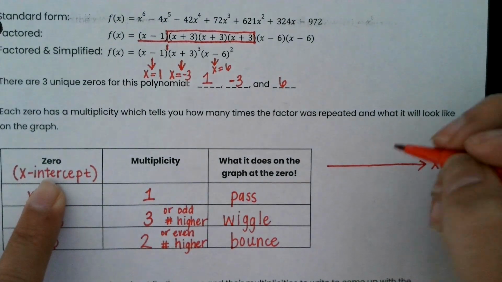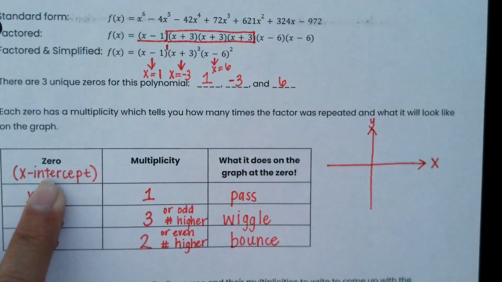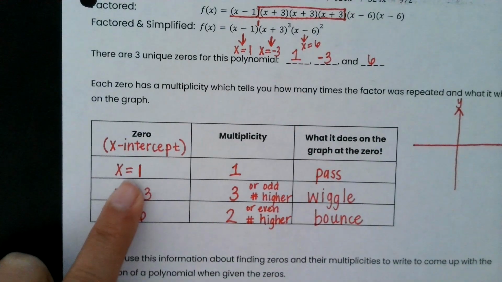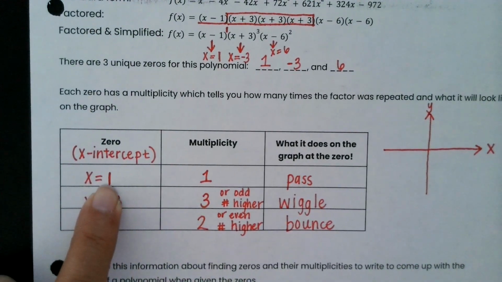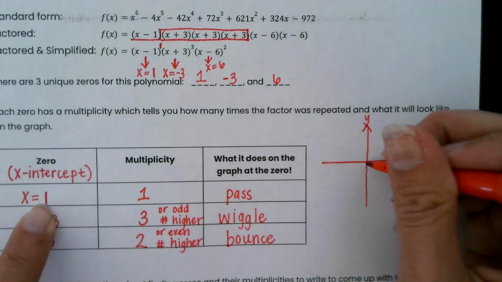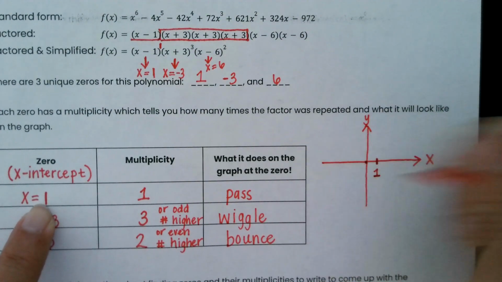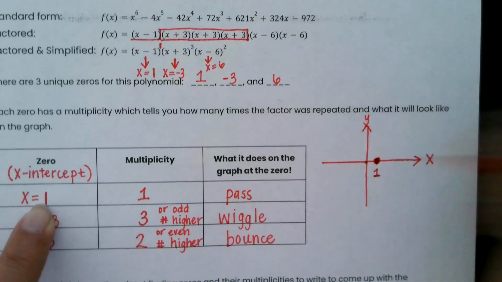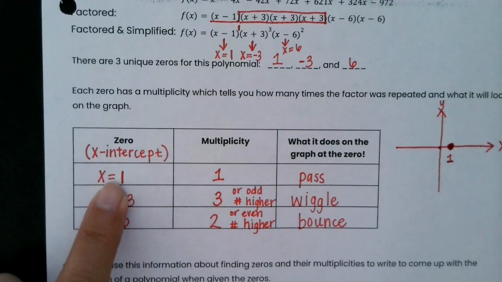We have an x-axis and a y-axis. There is a point at x equals positive 1. So here's 0, here's positive 1 on my x-axis. I'm going to put a point right there. That's that 0, that x-intercept.